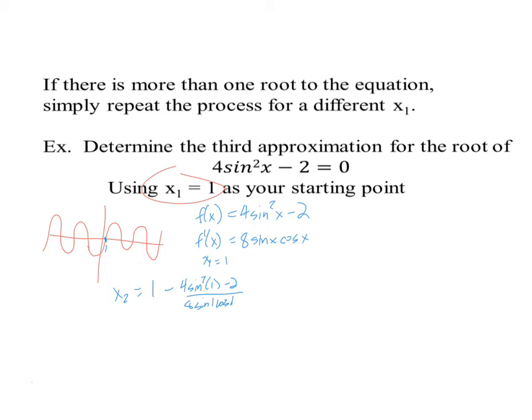So we get 4 sine 1 squared minus 2, and let's divide that by 8 sine 1 cos 1. Make sure you close off your brackets, otherwise your calculator will give you an error. And I got an error. Let's see what happens here.